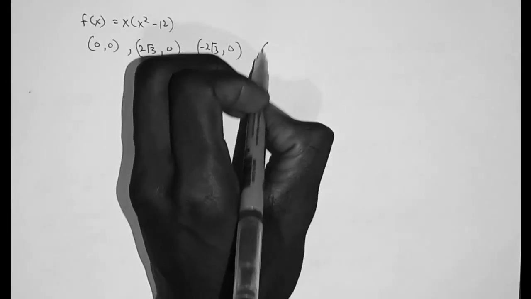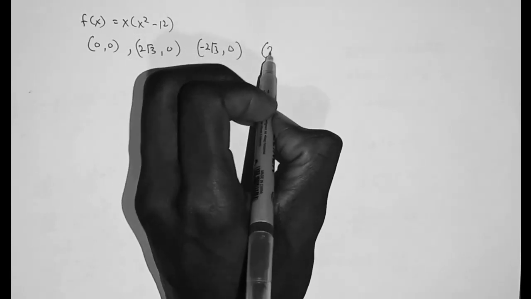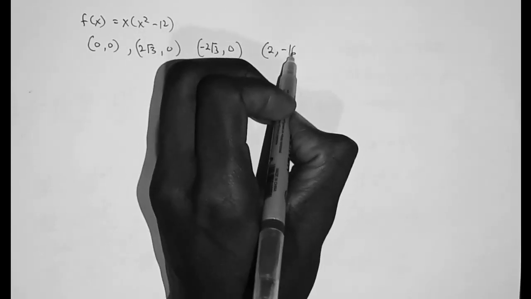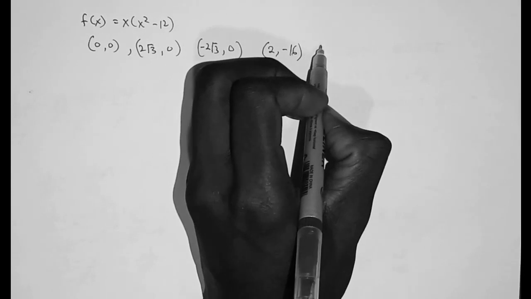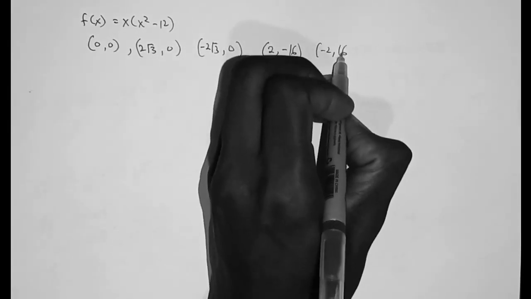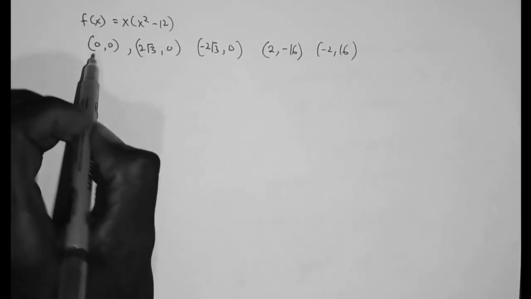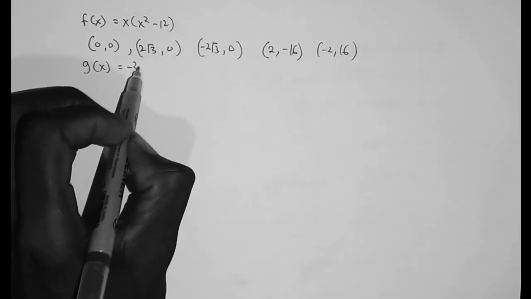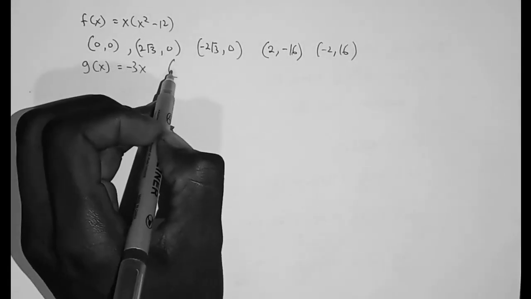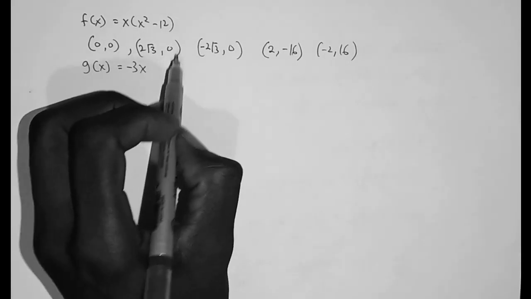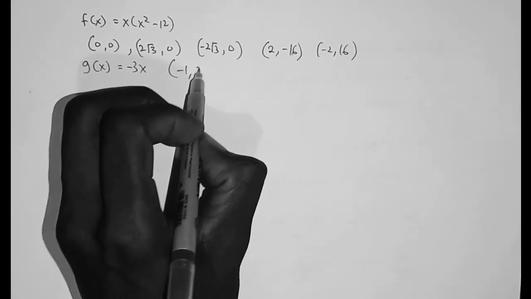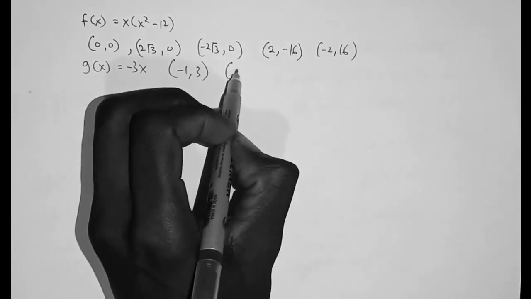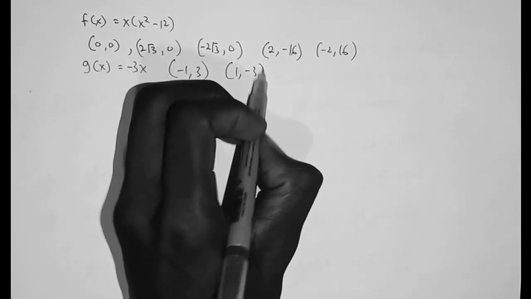Then the turning points were (2, minus 16) and (minus 2, 16). Then for the curve g of x equals minus 3x, we found the points (minus 1, 3) and (1, minus 3).